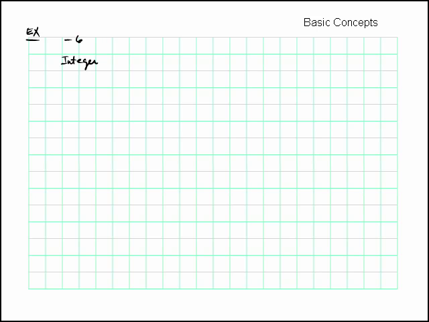It is a rational number, so you could write it as -6/1. And it is a real number. It's all three. The number 12 is a natural number. It's a whole number. It is an integer. It is rational. And it is a real number. It is all of those.